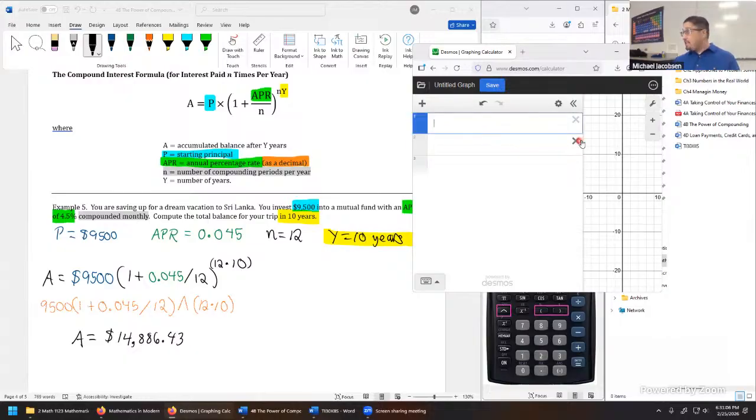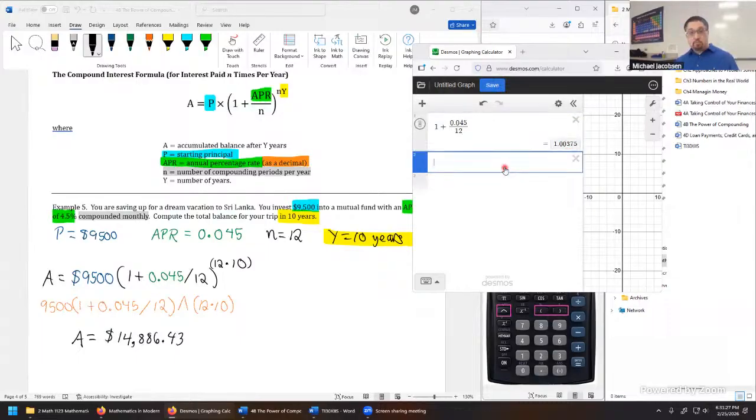A different way to do this kind of computation, instead of writing it in as one whole line, is thinking in terms of order of operations. Sometimes people prefer to go this route. Take 1 plus 0.045, divide by 12, and let's keep it just like that.